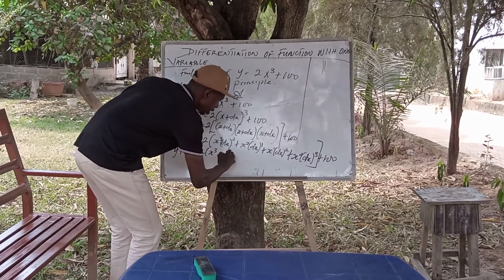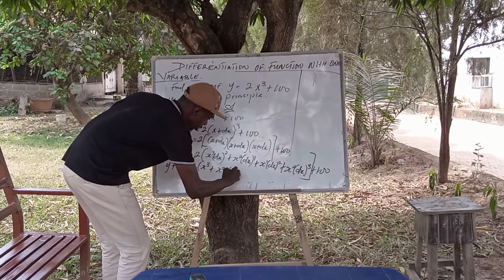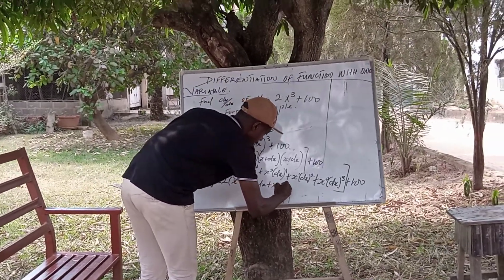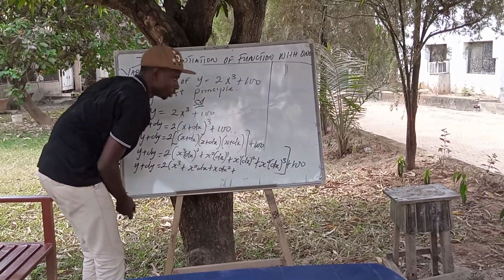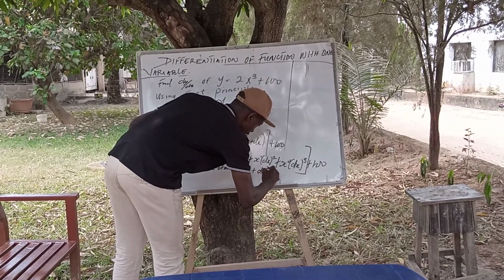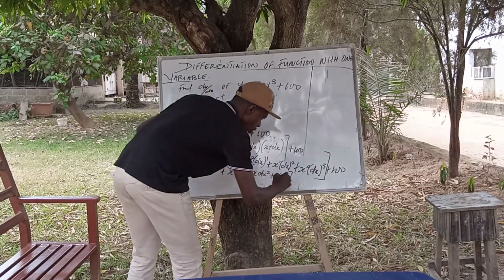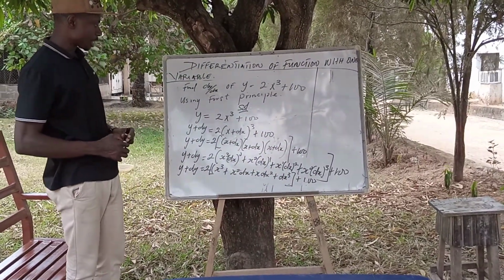Then plus here you have it as x raised power 2 or delta x. Here you have it as x raised power delta x squared. Then here you have it as x raised power 0 is what? 1. Then we have it as delta x raised power what? 3. Remember, all of it was plus 100. Then that is the first expression.